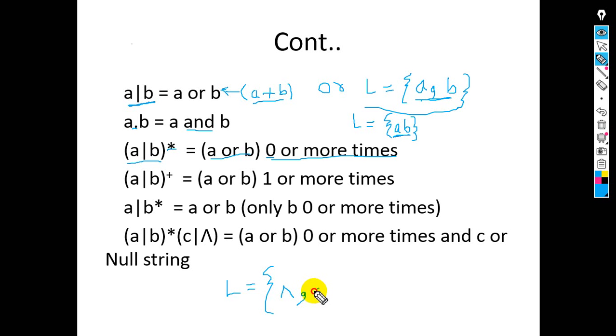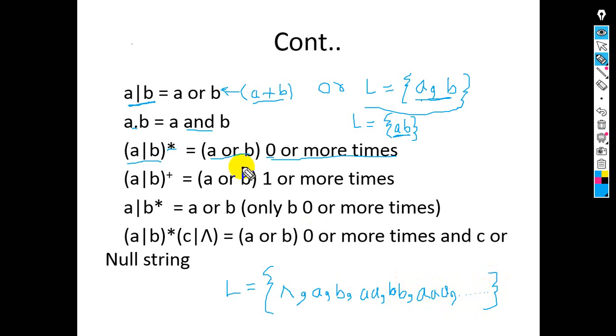More times means A comma B, then next it will be repeated, AB, comma, BB, and then it will be repeated several times: three times A, three times B, four times A, four times B, and so on.